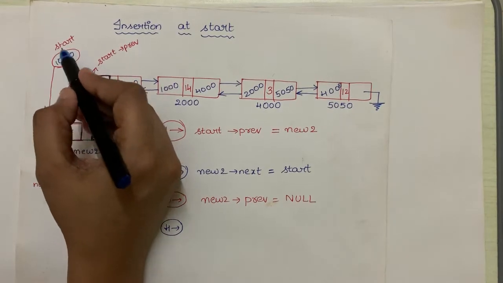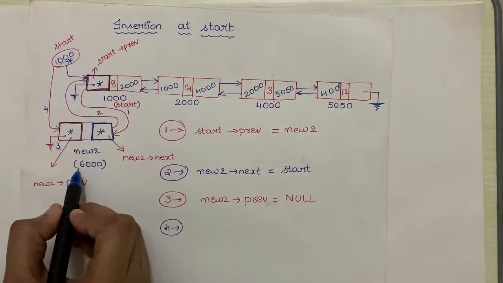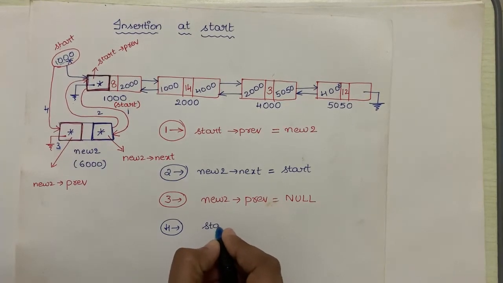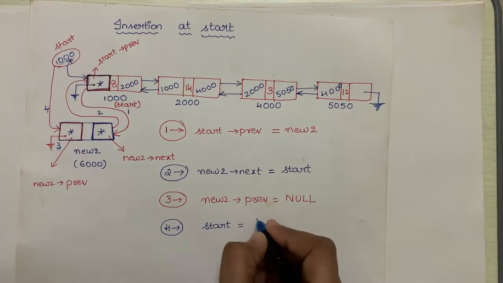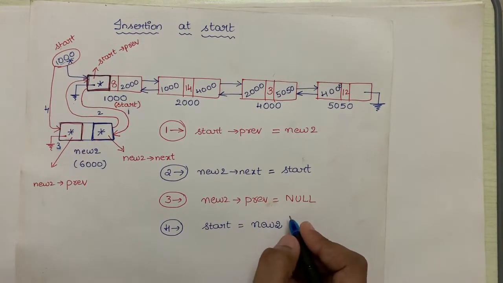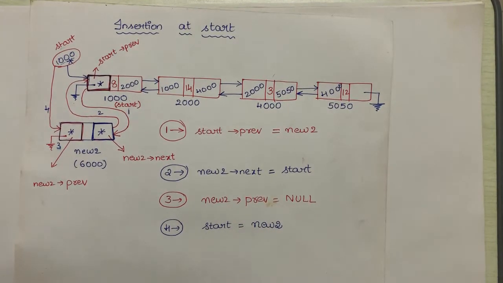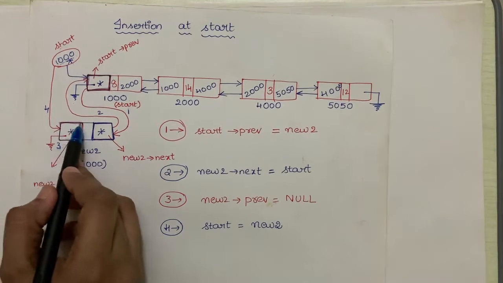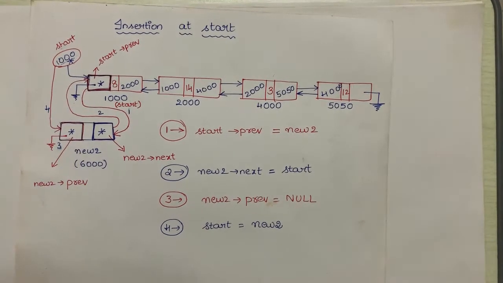What is the name of this 1000? Start. And the name of 6000 is new2. So the start header node should store the new value 6000. The name of 6000 is new2. These are the 4 steps to be performed for inserting a new node at the start of the double linked list.